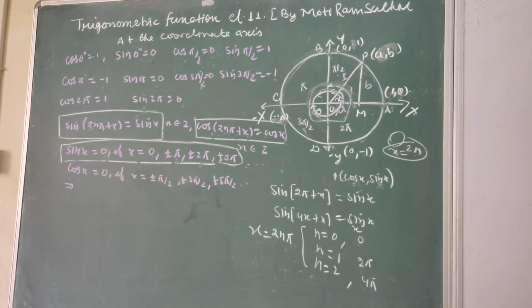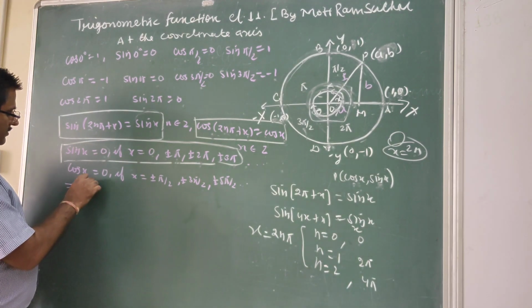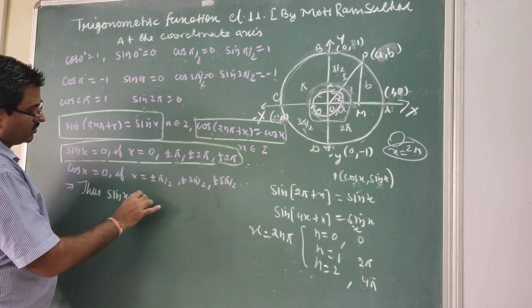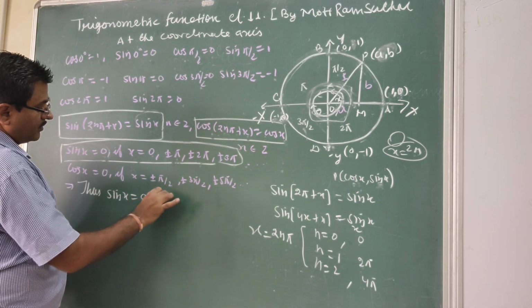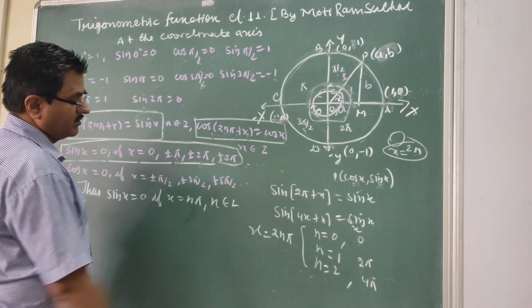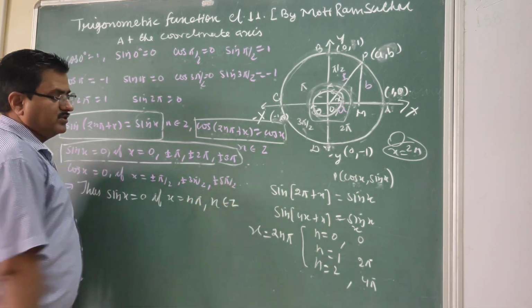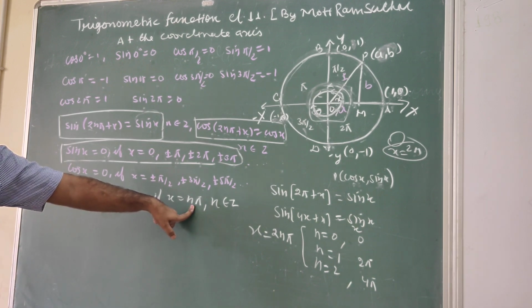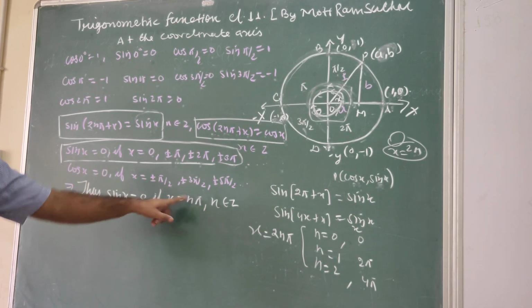Clear? Now you can write this formula in short form. Thus sin x equals 0 if x equals n pi, where n belongs to Z, that is, an integer. So whenever we get a multiple of pi, sin will always be 0.